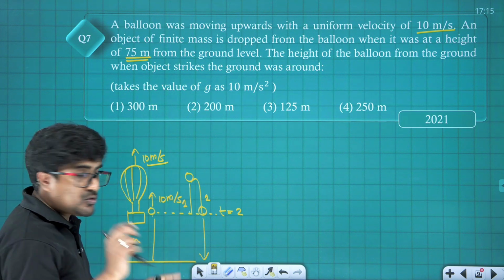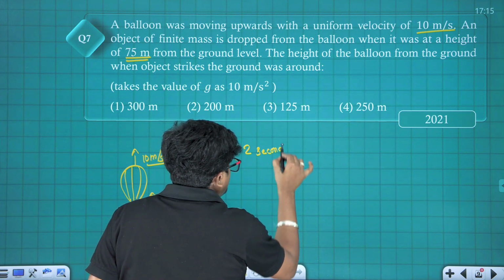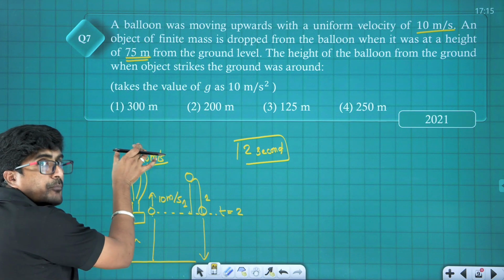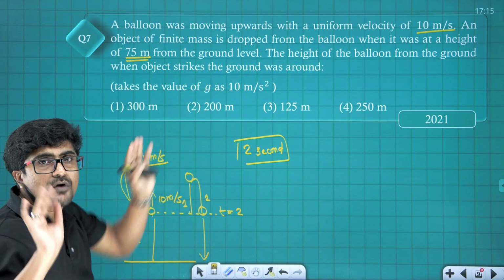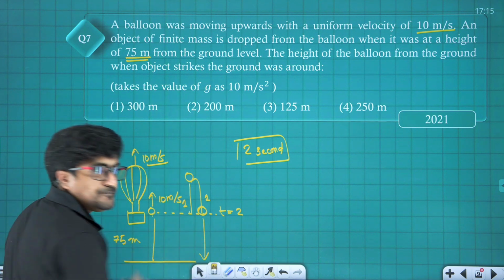Already 2 seconds is over, so by that time the balloon will be moving in the upward direction. Once it reaches where the balloon is, that is what we need to find out. So already the time is 2 seconds and our object is here.